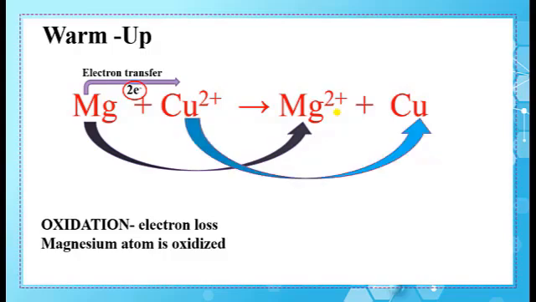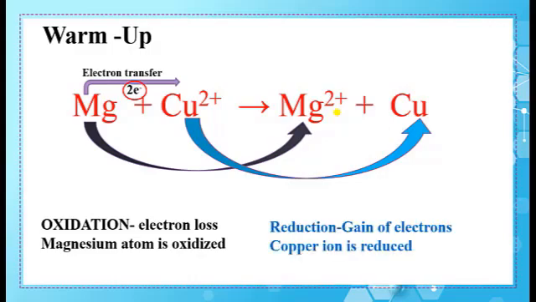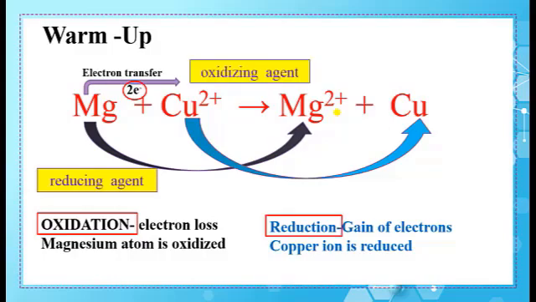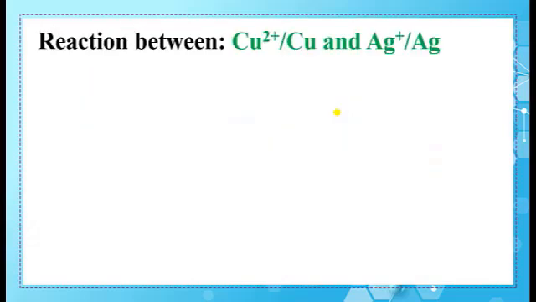And since Cu2+ gains the two electrons to form Cu, we say that it undergoes reduction due to the gain of electrons, and we say that the copper ion is reduced. Now, Mg undergoes oxidation, so it is the reducing agent. Cu2+ undergoes reduction, so it is the oxidizing agent.